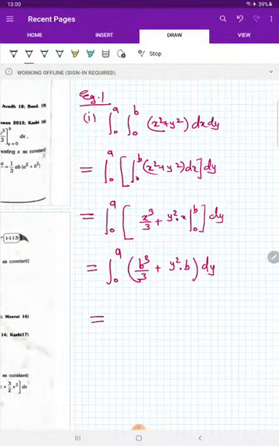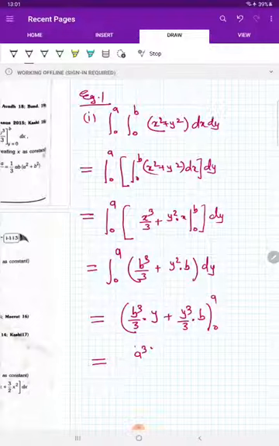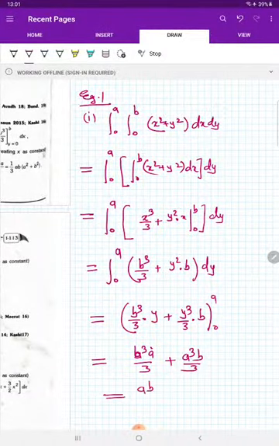Now this is a one variable integral, you can solve it easily. On integrating we get b cube upon 3 times y plus y cube upon 3 times b, limits 0 to a. This is nothing but a cube b upon 3 plus a b cube upon 3. On simplifying you can write it as ab times (a square plus b square) upon 3.